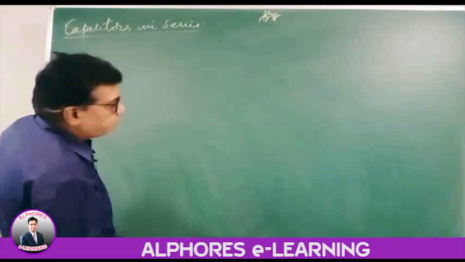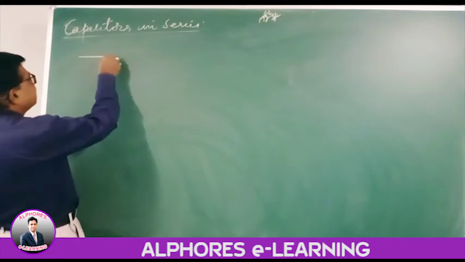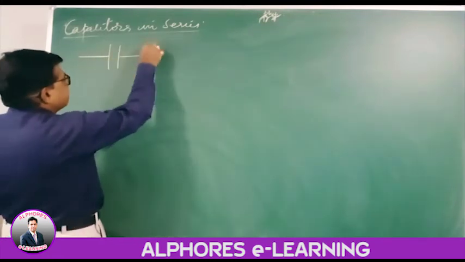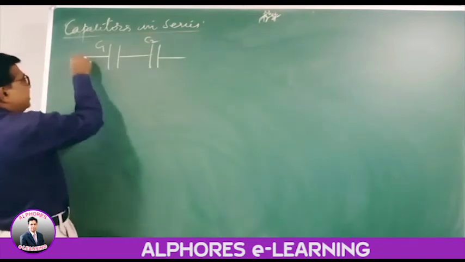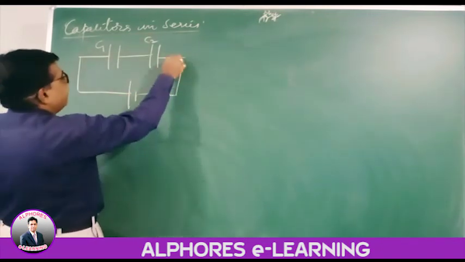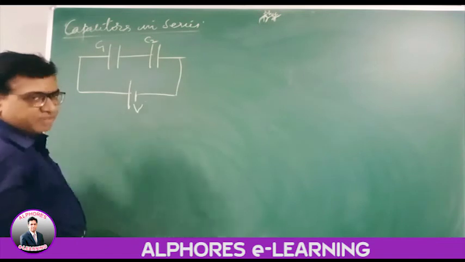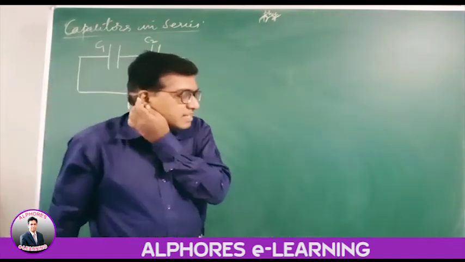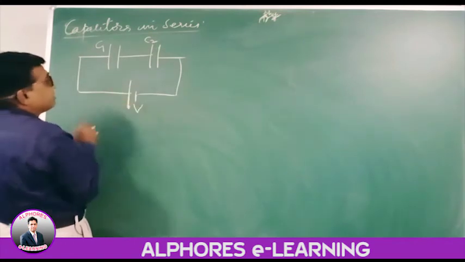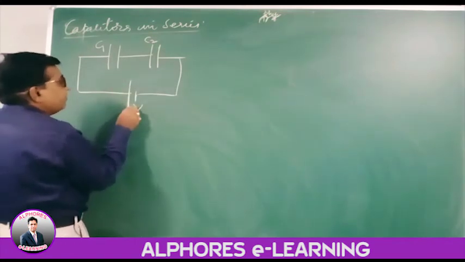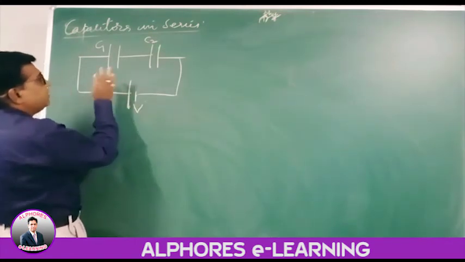Now let's consider 2 capacitors, C1 and C2, connected in series to a battery of potential V. The energy supplied by the battery will be shared.